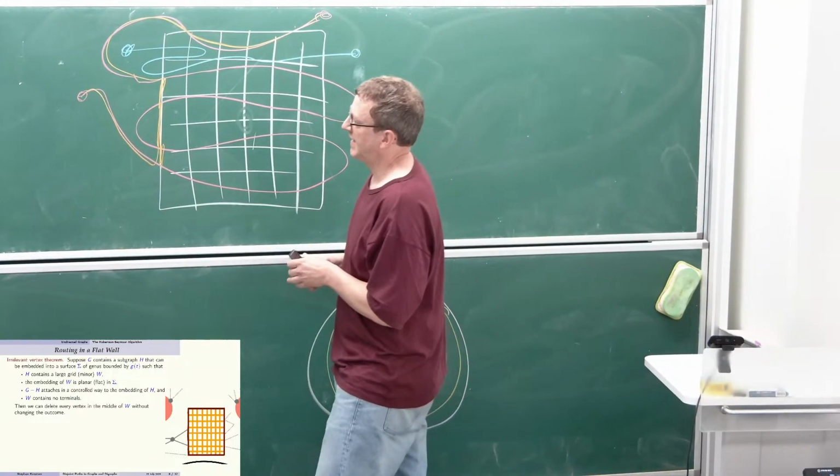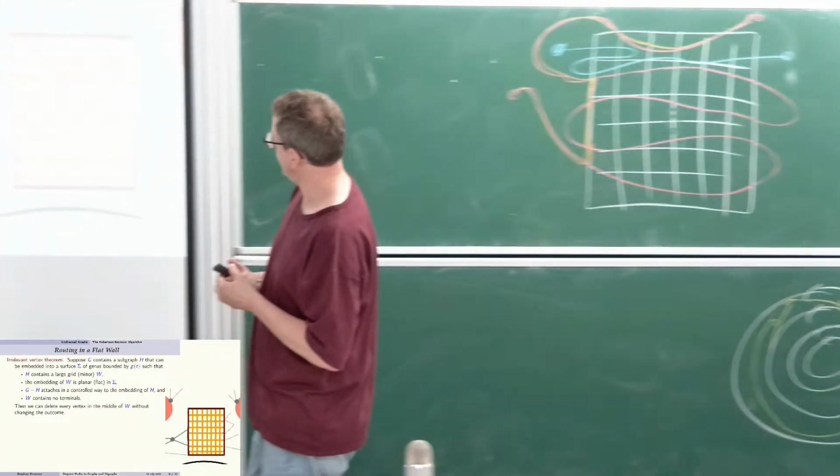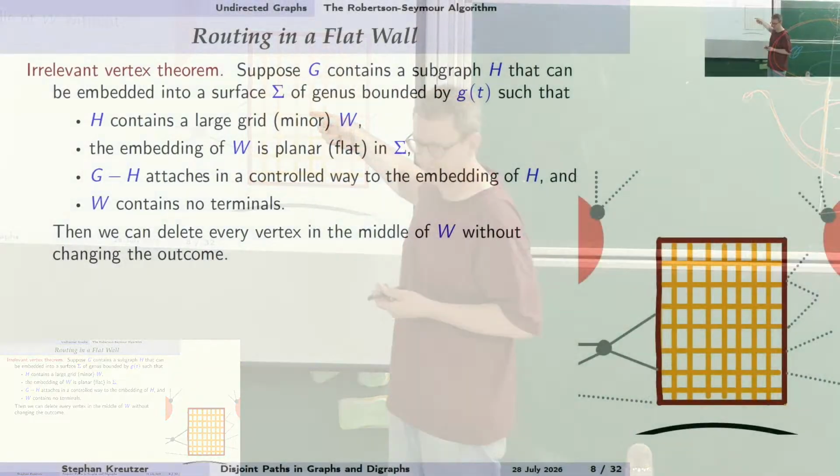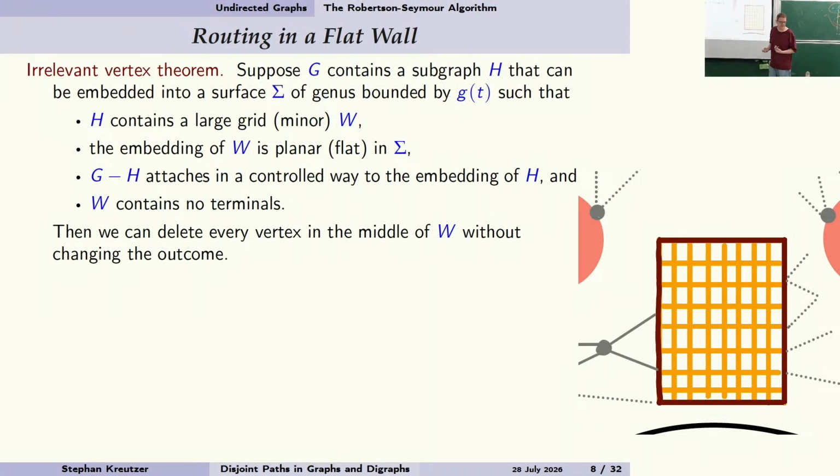That means if you have a solution, then you also have one that doesn't go through the inner vertices, and if you're guaranteed that there's a solution without using it, then delete it. That's what this approach is doing. The hard proof is that you can always avoid the center of the grid, and then once you found it, you just delete it, get a smaller graph, recurse, and be happy.